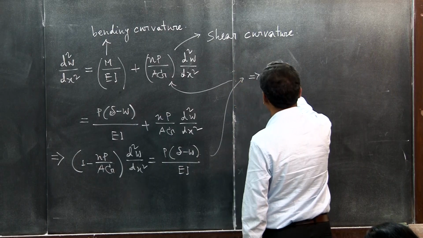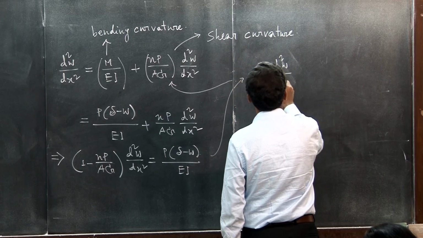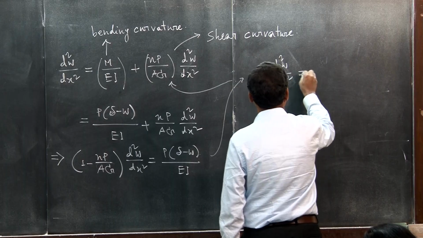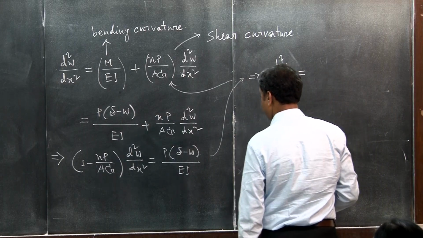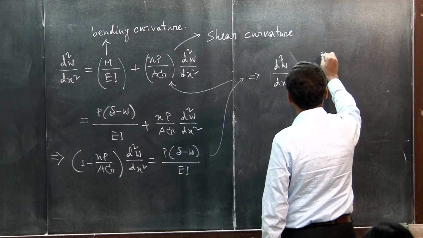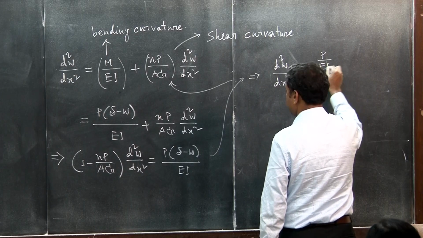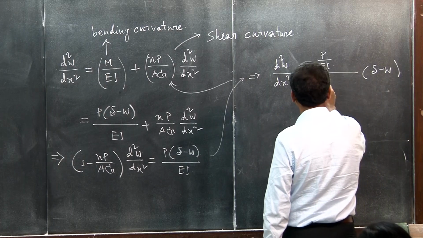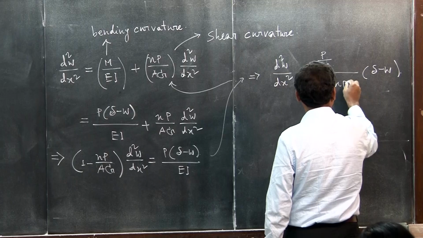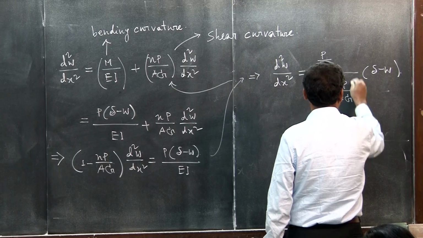Here I will just write d2W dx2 is equal to P by EI by 1 minus NP by AG.